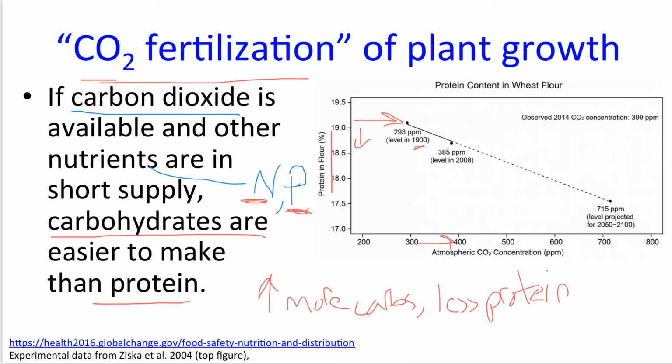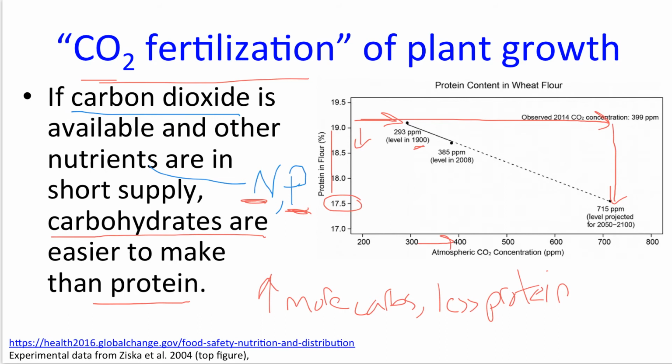We can also project out, if our projections are correct, that the amount of carbon dioxide in the atmosphere is going to go up to around 715 parts per million sometime in the second half of this century, and the same relationship holds, we would expect the protein content in our flour to further decrease down to around 17.5%.